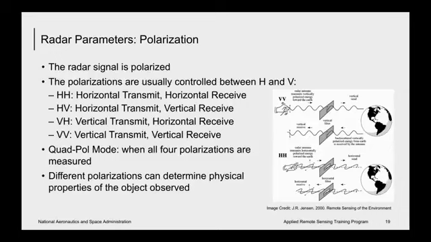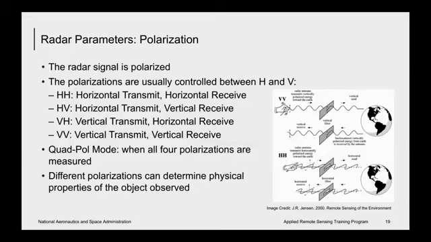So there can be 4 combinations of both transmit and receive polarizations, which are as follows. HH for horizontally transmitted and horizontally received, VV for vertically transmitted and vertically received, HV for horizontally transmitted and vertically received, and then VH for vertically transmitted and horizontally received.